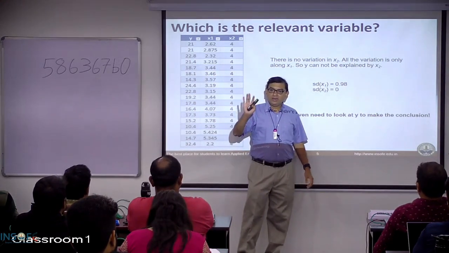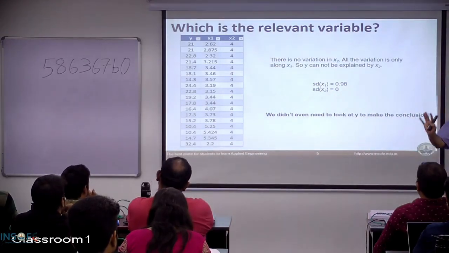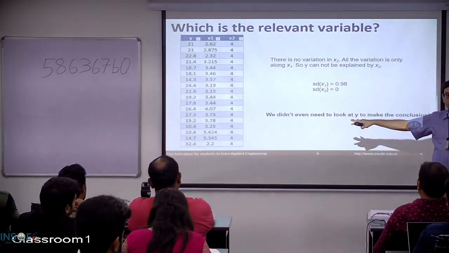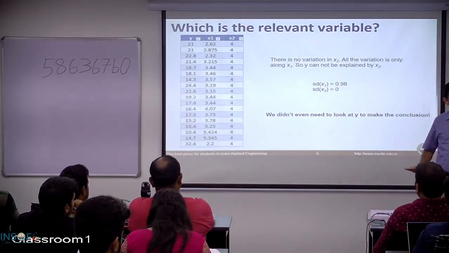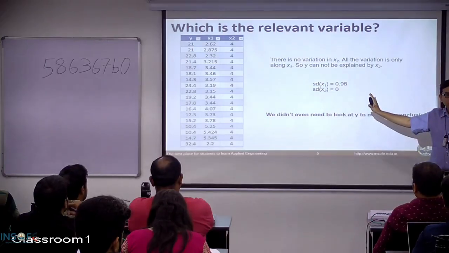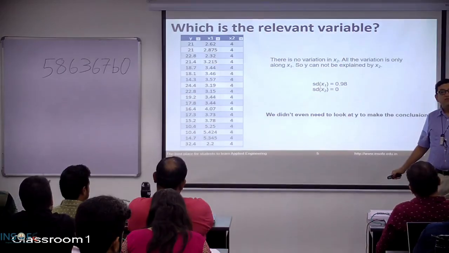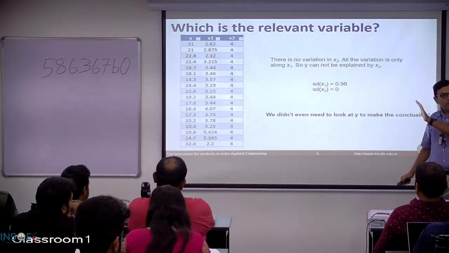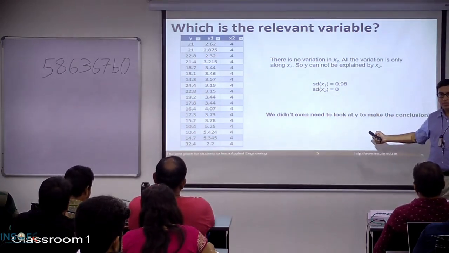Remember, in recognizing that x1 was important, x2 was not important, you did not use any information about y. You looked at only the features, x values, and made the call that x1 was relevant and x2 was not relevant, right? This is because you spotted the variable which had the most amount of variance in it, and you realized that the variable with very small amount of variance is probably irrelevant, right?